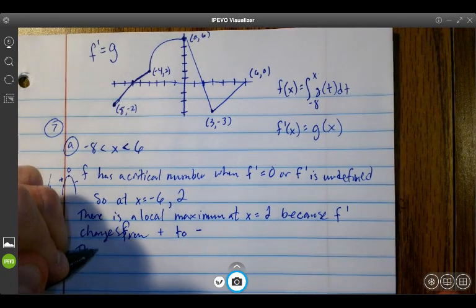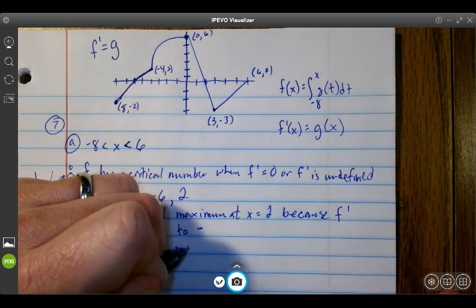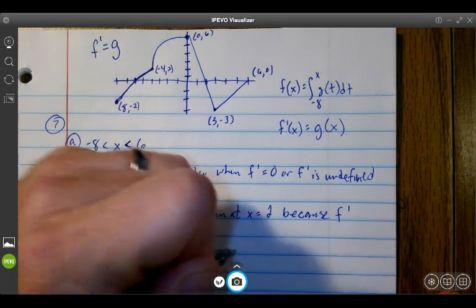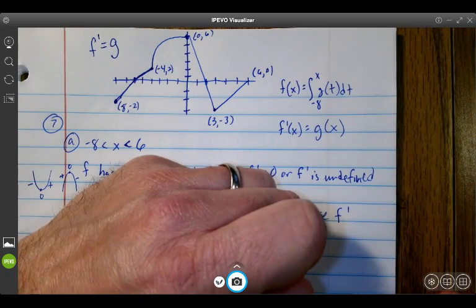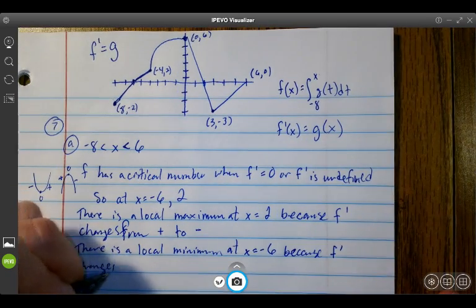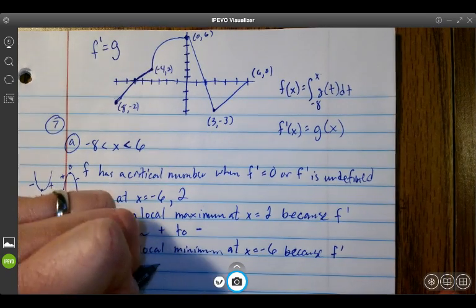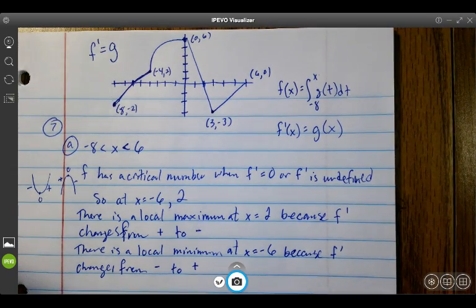Then you would say there is a local minimum at x equals -6. Why? Because f prime changes from negative to positive. All right, and so that is it for part A.